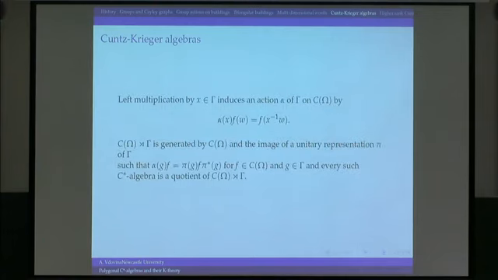And then, saying you have this free group acting on a tree, you have the boundary of the tree, and then you have this naturally defined cross-product algebra of the continuous functions on the boundary of the tree and the group action.